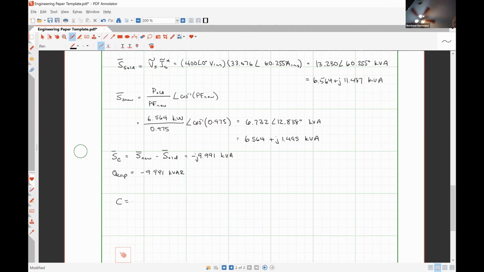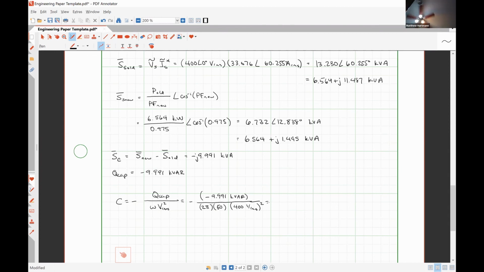C, the capacitor value, is negative Q cap divided by omega times the RMS voltage drop over the capacitor squared. So this is negative 9.991 kilovolt amperes reactive divided by omega, which is 2 pi times 50 hertz, times our voltage magnitude, 400 volts RMS, squared.